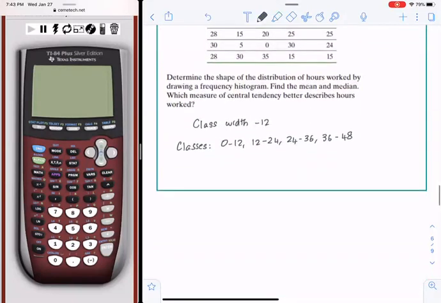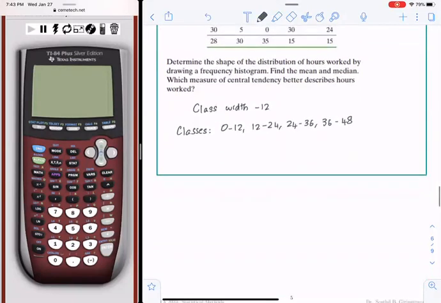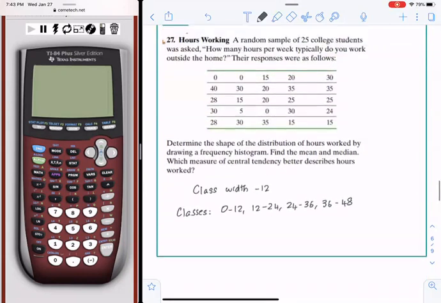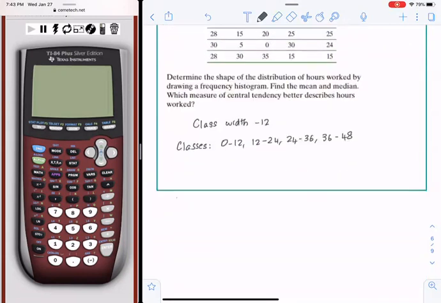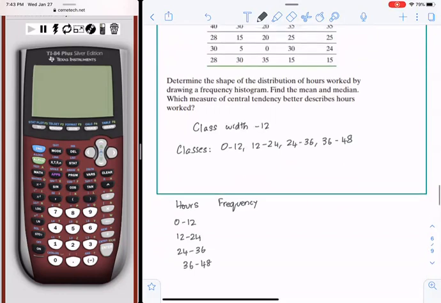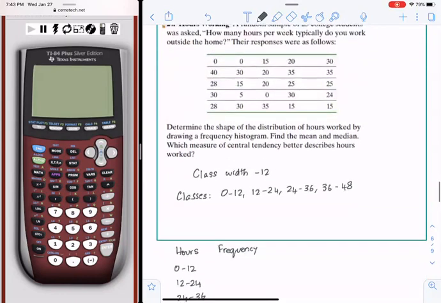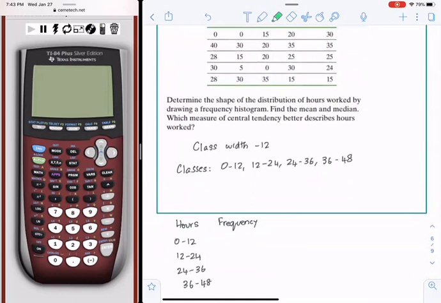So the hours worked and the frequency. So 0 to 12, 12 to 24, 24 to 36, and 36 to 48. Between 0 and 12, we have 1, 2, 3, 4. We have about 4.